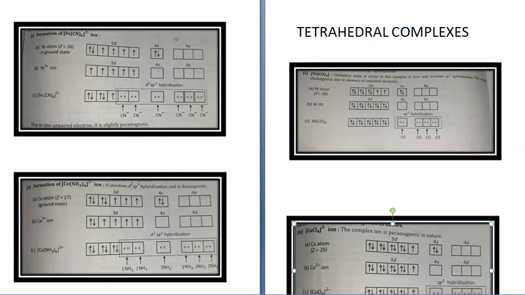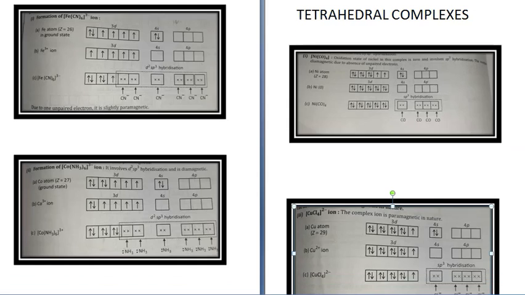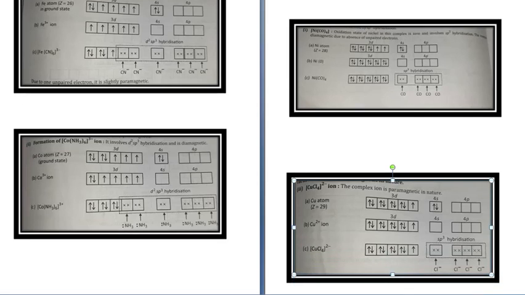Now let us take another example, [CuCl₄]²⁻. Now in this, copper has atomic number 29. So electronic configuration is 4s² 3d⁹. Now Cu²⁺ will lose 2 electrons, so obviously those 2 electrons are lost from the 4s orbital. So here you have 3d⁹ and 4s is vacant and 4p is also empty.